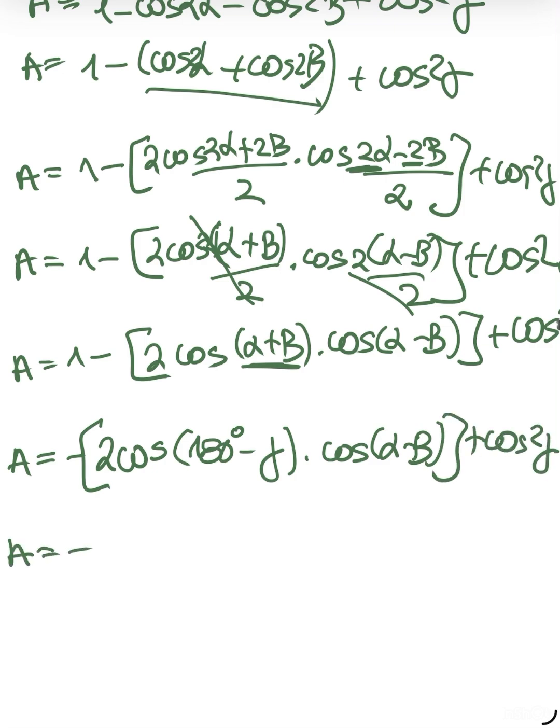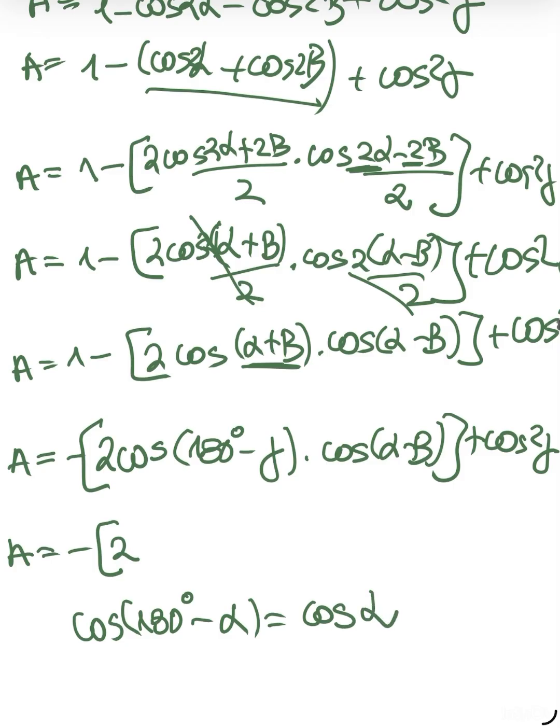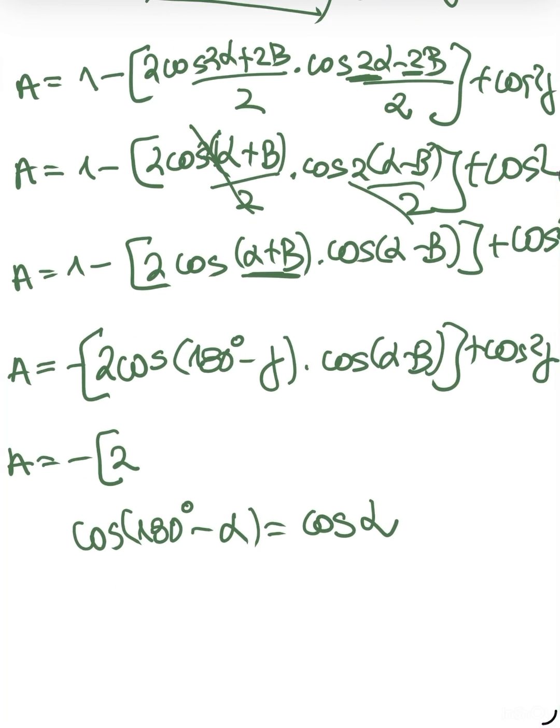A is equal to minus 2 times cosine of 180 degrees minus alpha is equal to cosine of alpha.